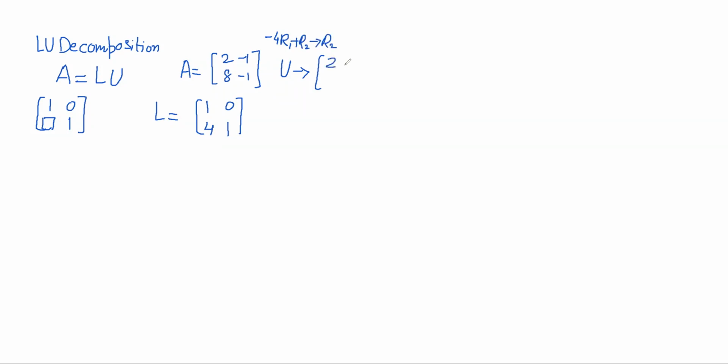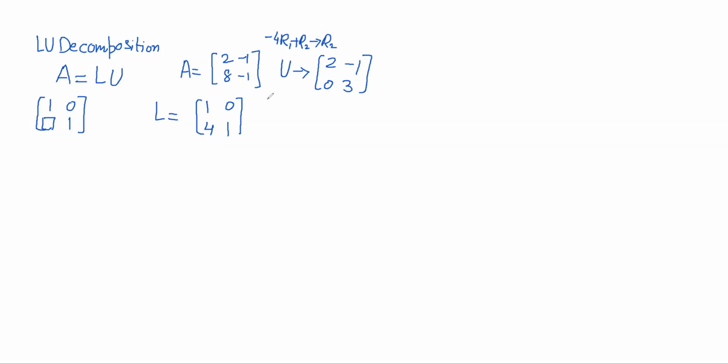So it will be 2, minus 1 as it is, and then this will become 0 by this row operation. -4 times 1 is -4, +4 minus 1 is 3. So we get this as an upper triangular matrix.